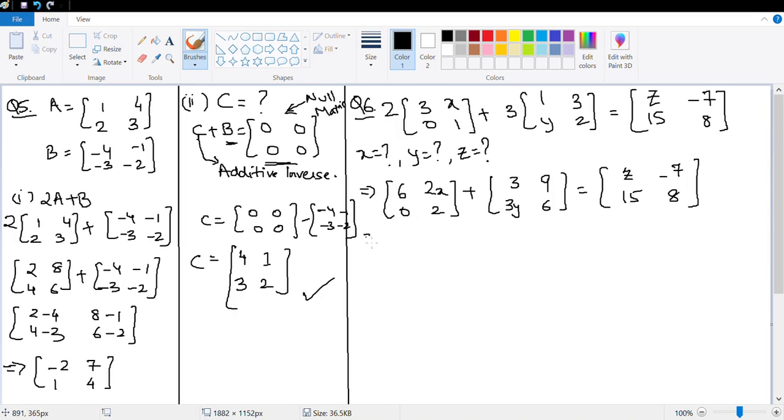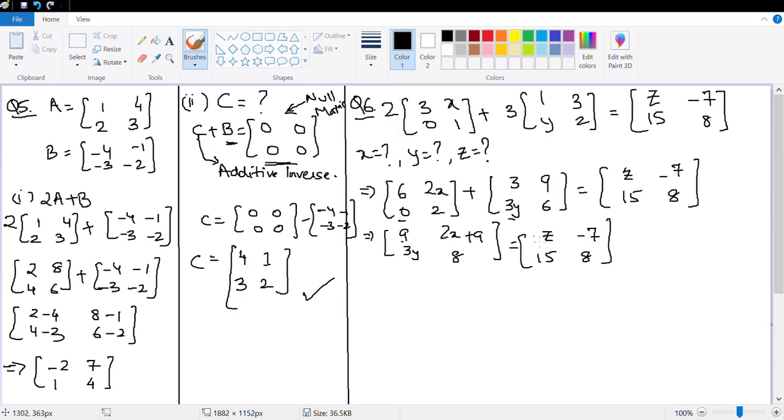Let's add. So this will be 6 plus 3, which is 9, 0 plus 3y, which is 3y, 2x plus 9, and 2 plus 6, which is 8. This is equal to [z, 15, -7, 8].